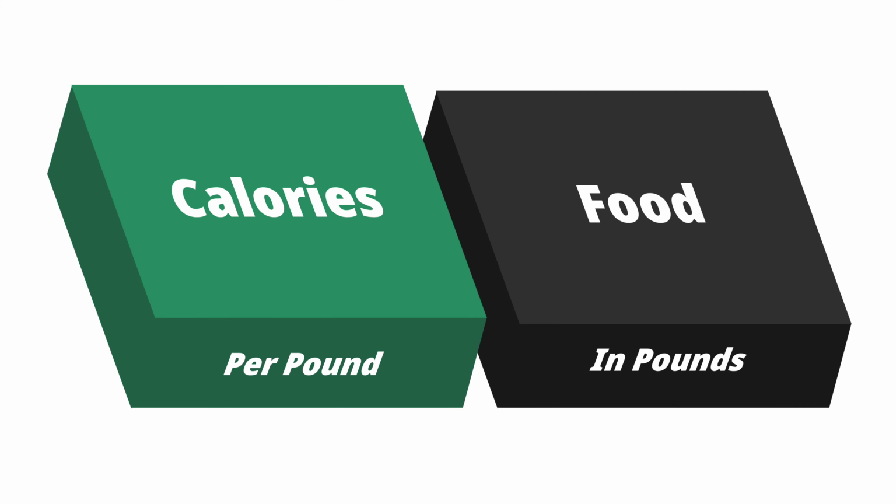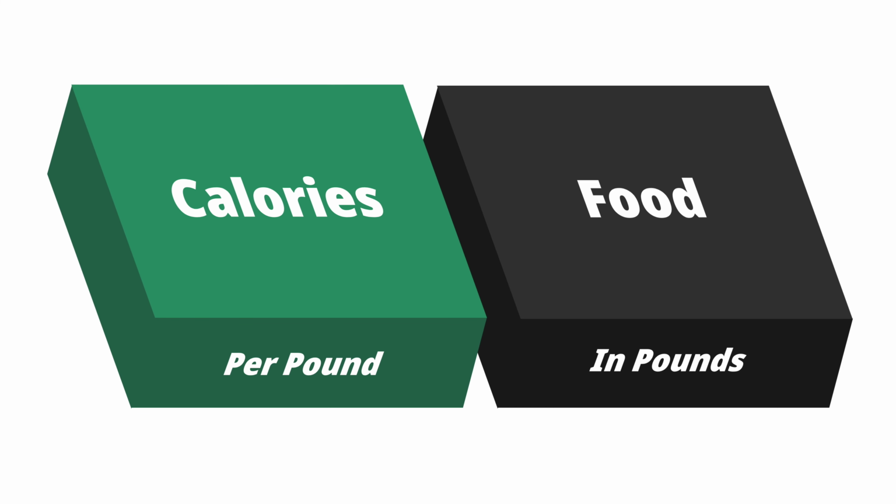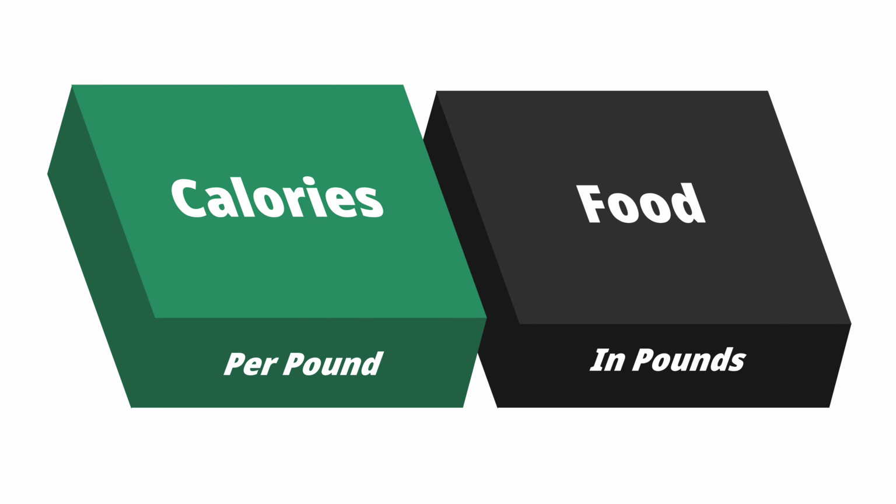So, I'm going to teach you how the foods that we eat are distributed based on their calorie density. The calorie density simply means how many calories are in every unit of food that you're eating. And the food unit that I'm going to use right now is a pound. Roughly, by the metric system, a pound is around 0.45 kilos, which is roughly half a kg.